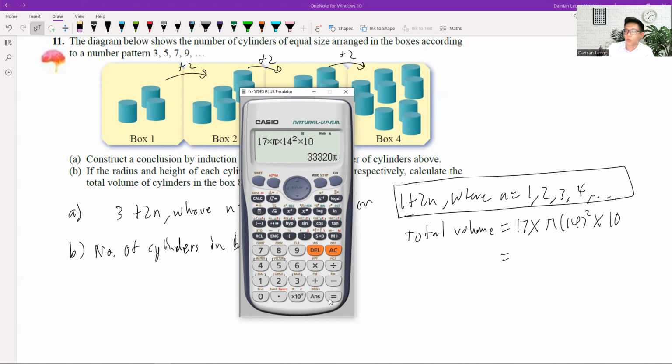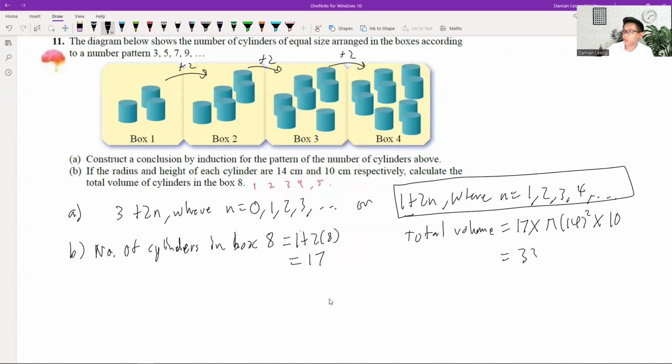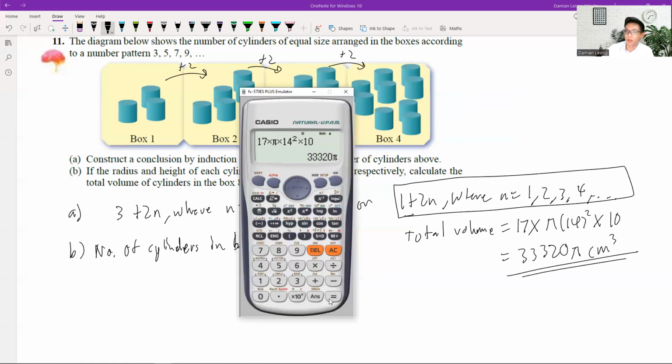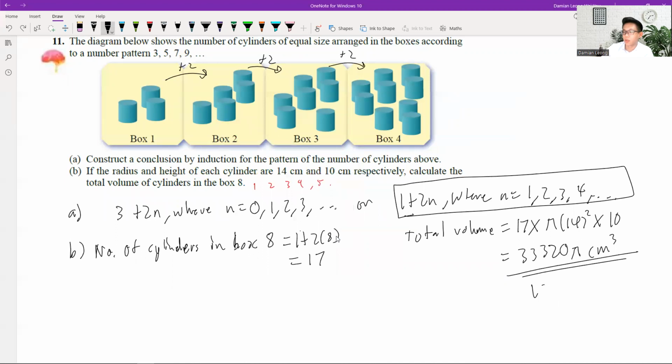So 33320 pi cm cube. Or if you follow the textbook answer, then just use the 22/7, 104,720 cm cube.